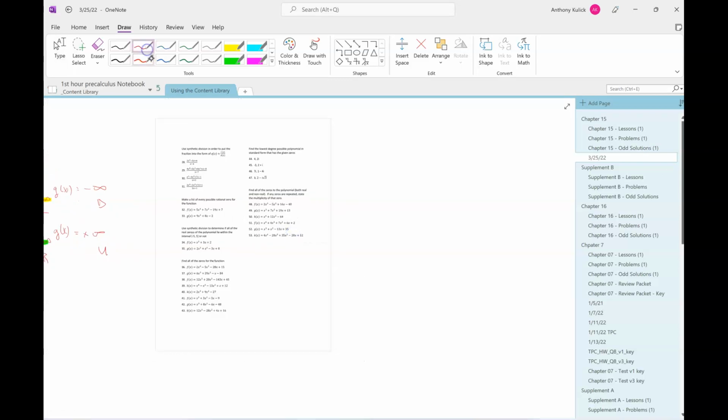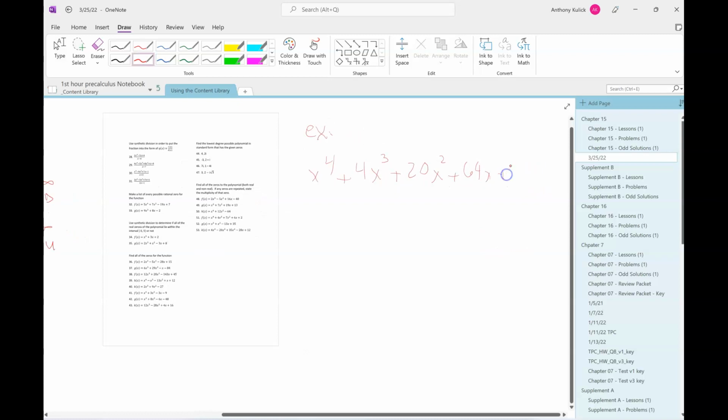So let's just say that we have x to the 4th plus 4x cubed plus 20x squared plus 64x plus 64.